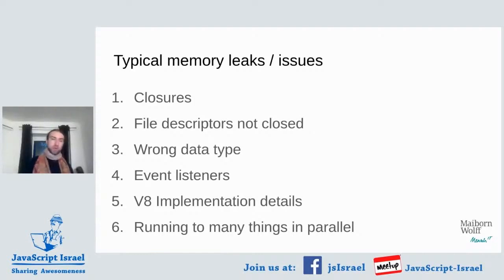And I'm going to show you a nice example where people are probably not aware of this implementation detail. And sometimes we just fire so many things in parallel, especially with JavaScript, a language where you want to do things in parallel, that we sometimes build up too much memory at the same time. And that is also an issue.